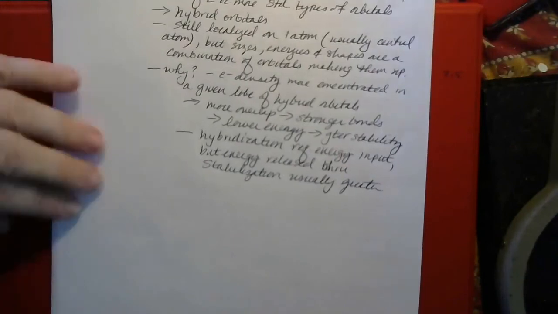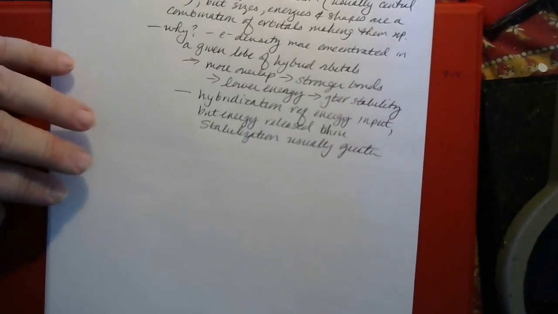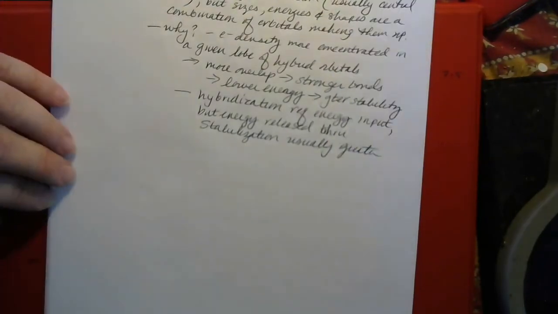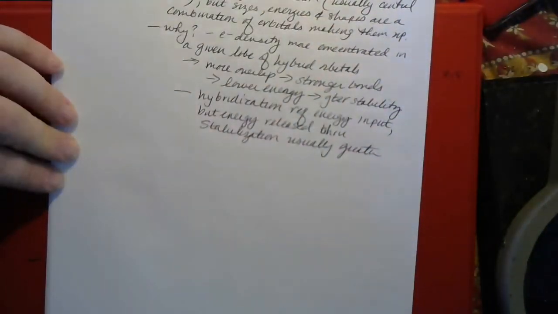Okay, so you end up with lower energy overall. Okay, so the central atom is most likely to hybridize, and the outer atoms are usually not hybridized in this case.